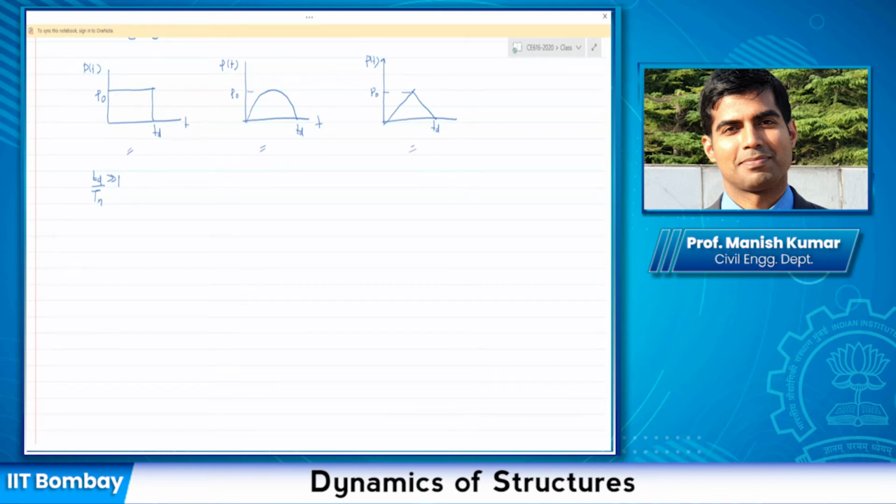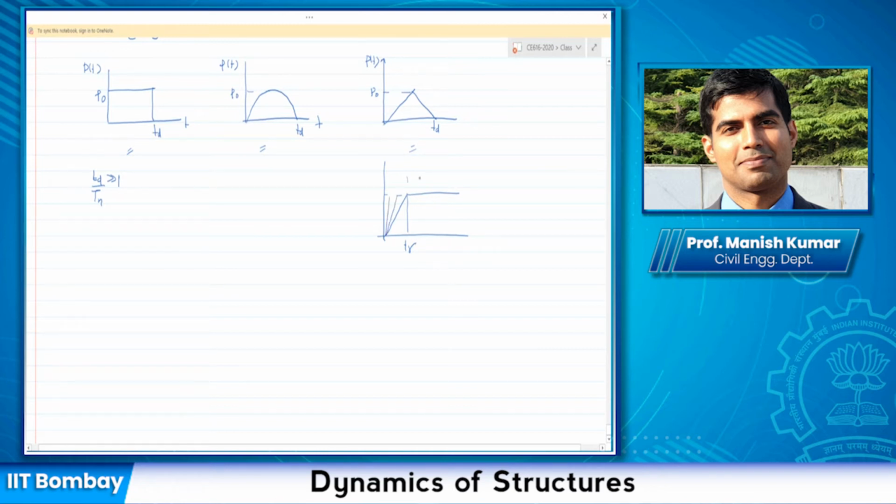So one of the parameters that decides which one is going to give you the maximum response is the rapidity of the force. Remember that we discussed this with the ramp loading. As you decrease the TR, your response amplification was increasing.